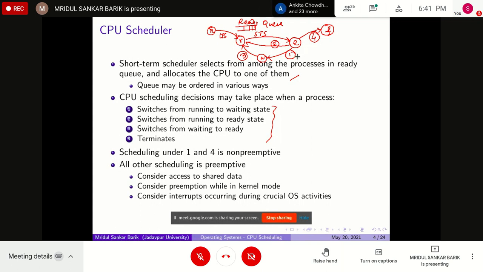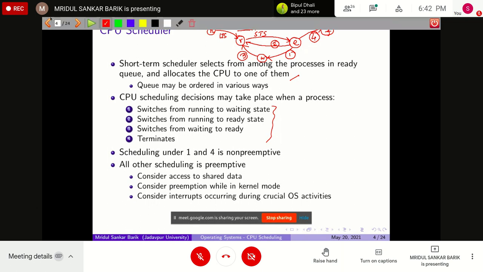When scheduling decisions are made under circumstances 1 or 4, that means when a process was executing, it either went to do some IO operation or it actually finished execution.